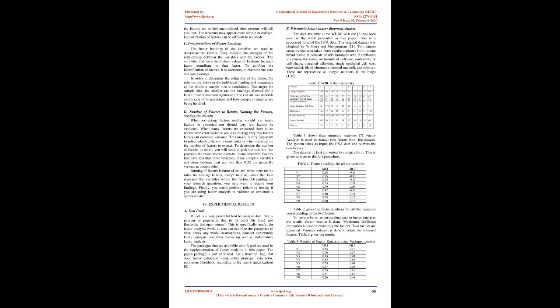In order to determine the reliability of the factor, the relationship between the individual loading and magnitude of the absolute sample size is considered. The larger the sample size, the smaller are the loadings allowed for a factor to be considered significant. The cutoff size depends on the ease of interpretation and how complex variables are being handled.